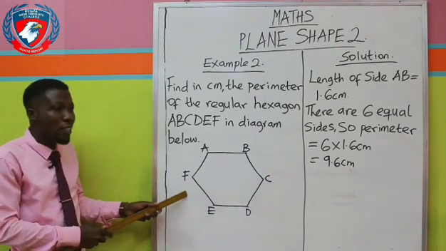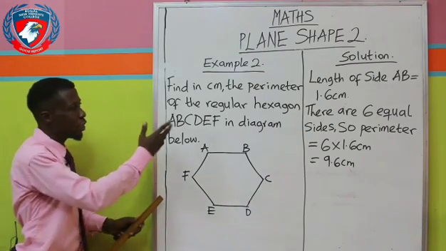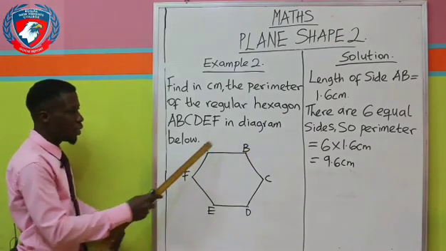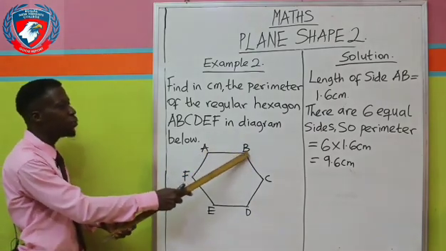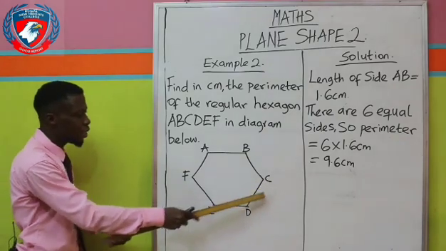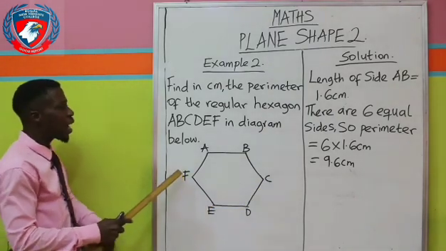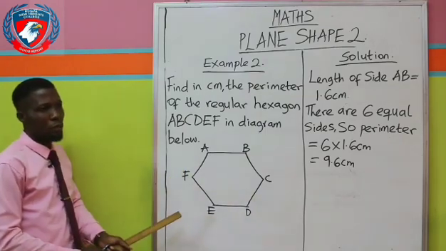Now, this type of shape is a regular shape. What do I mean by regular shape? The length of AB is the same length as BC, the same length as CD, the same as DE, the same as EF, meaning they have equal lengths.